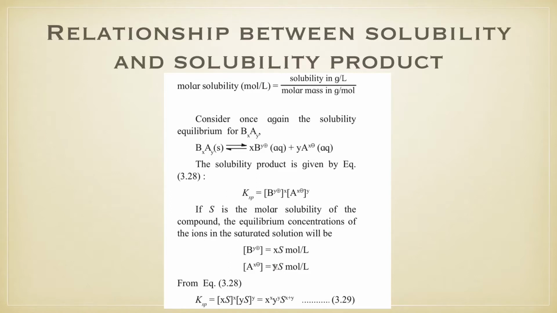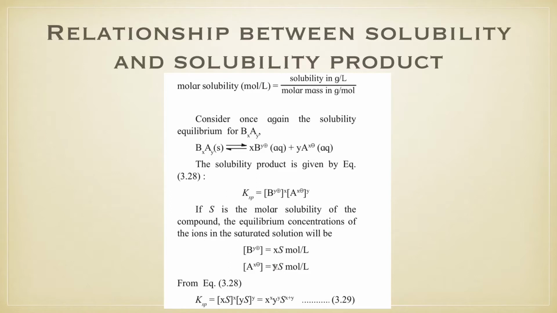Now suppose S is the molar solubility of the compound. Capital S is the molar solubility of the compound. Therefore the equilibrium concentrations of these ions, B raised to y plus and A raised to x minus, can be represented as the number of moles into the concentration.